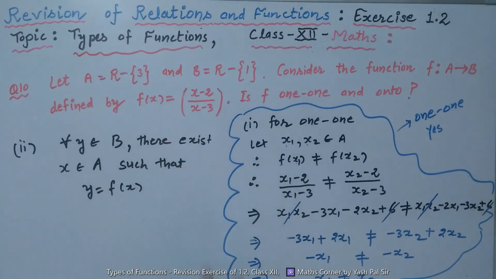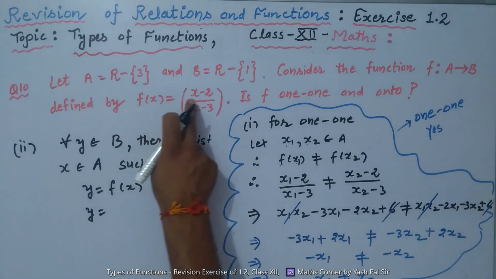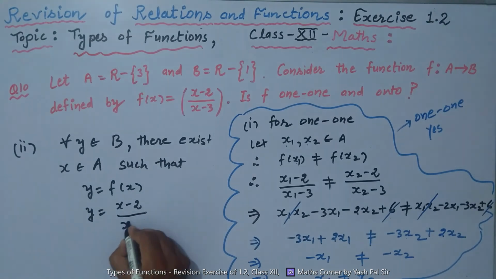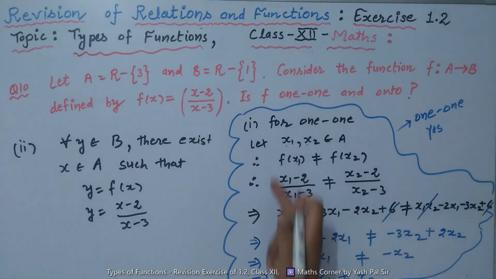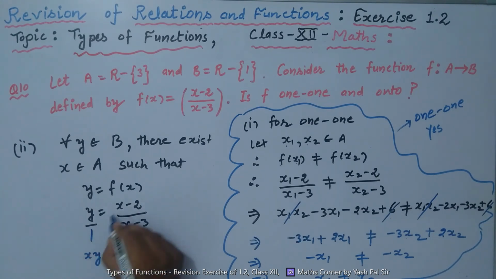Now let us check whether this is true or not. So first of all, y is equal to f of x. What is f of x? This is x minus 2 upon x minus 3. Like one-one function, here also we cross multiply. This will become x into y minus 3 into y is equal to 1 into x minus 2.